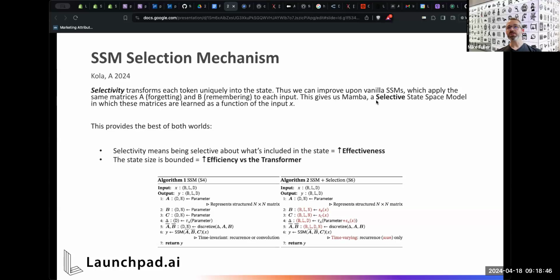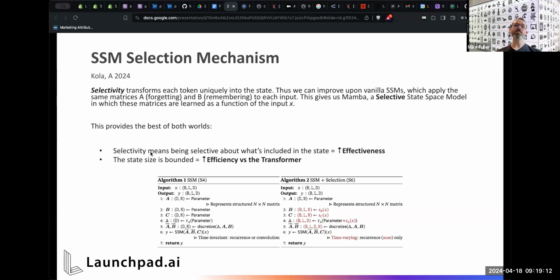This gives Mamba the ability to uniquely transform each token in the input space rather than having a homogeneous transformation over these A and B matrices. And these selective matrices are learned as a function of the input as well. So it provides the best of both worlds.